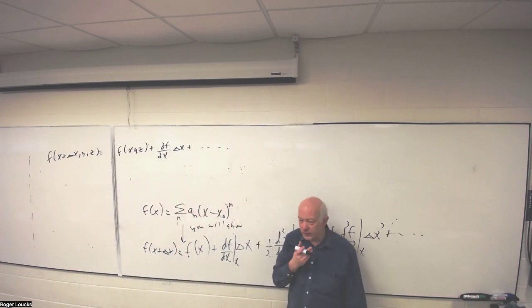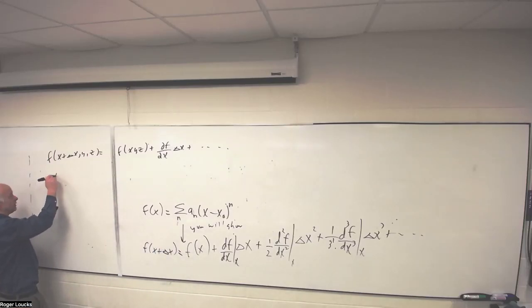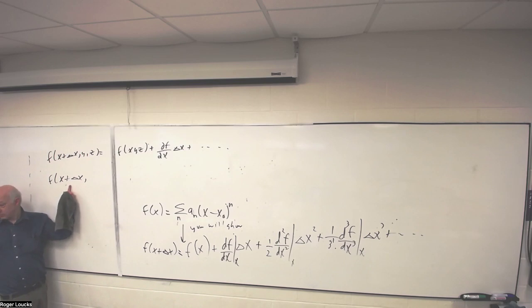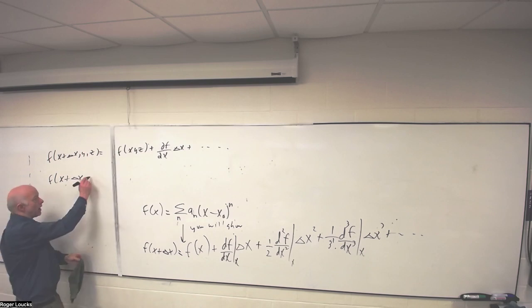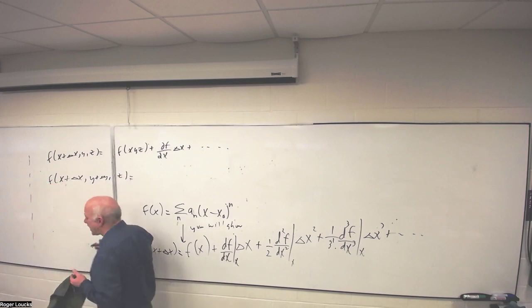And then what was the next step in our derivation? Vary y while keeping x at delta x. So now our new function is this, and we're treating this as a unit, like a new variable, keeping it fixed, and now just varying y. And what do we say then that goes to?